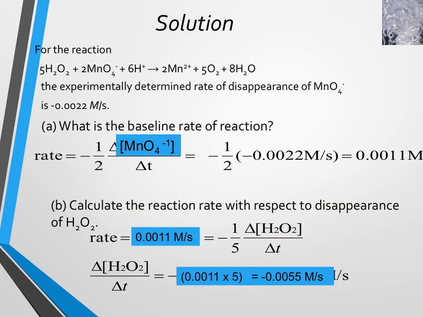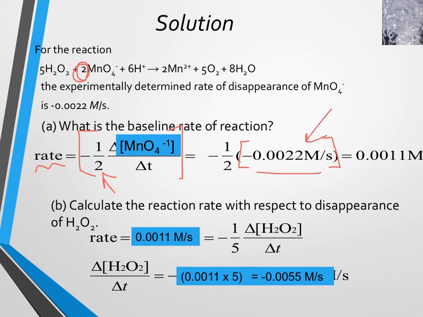Alrighty, so if you write the rate of the reaction with respect to MnO4, permanganate ion, you get that. Permanganate has a 2 as a coefficient, which is where this fraction denominator comes from. And you were given the rate of change of concentration of permanganate over time in the problem.